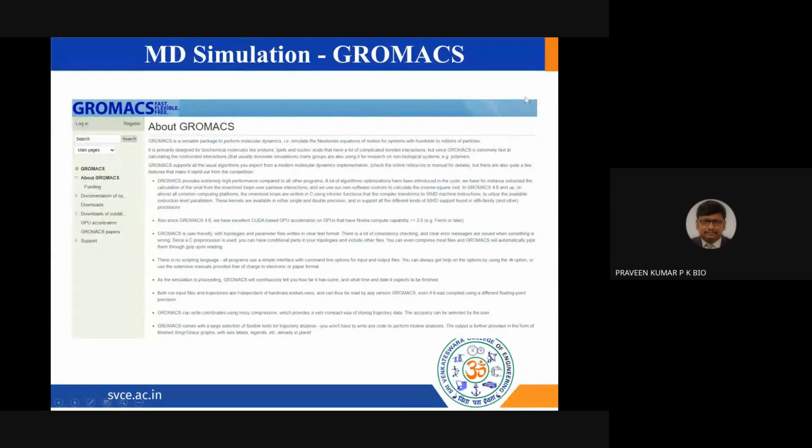MD simulation in GROMACS. GROMACS is freeware, but we have complications in installing and running it. GROMACS software uses GPU. So for GPU kind of systems, you can use only desktops.